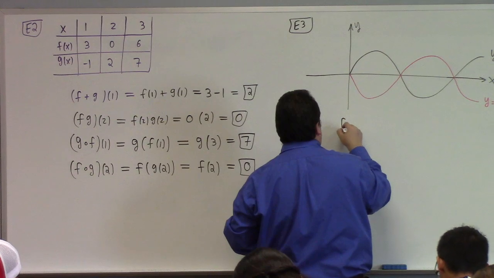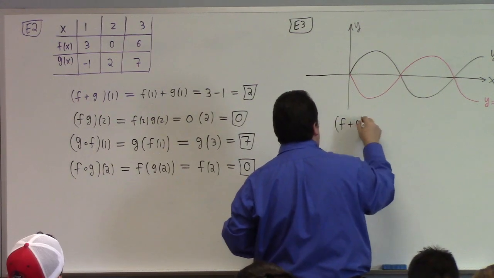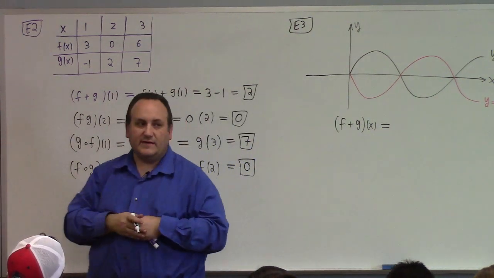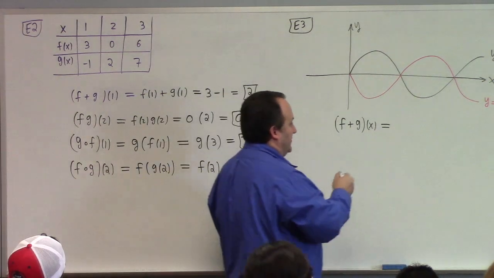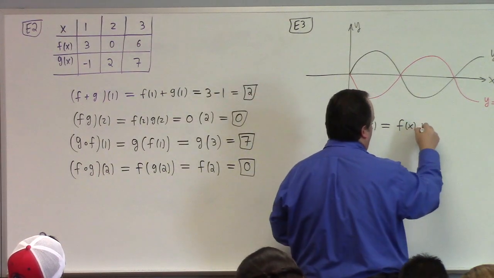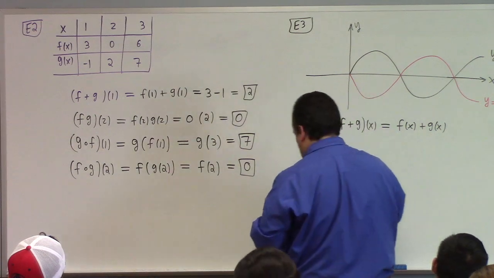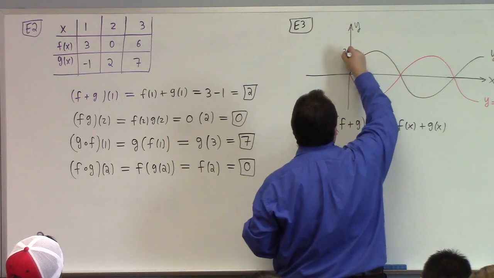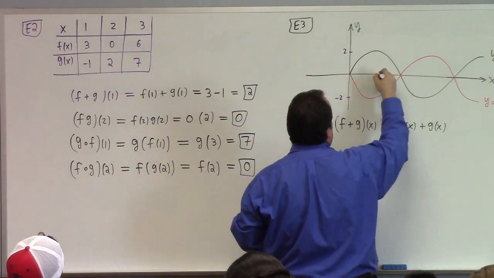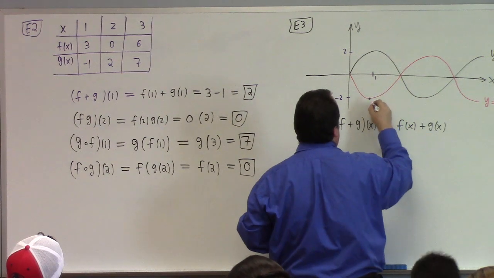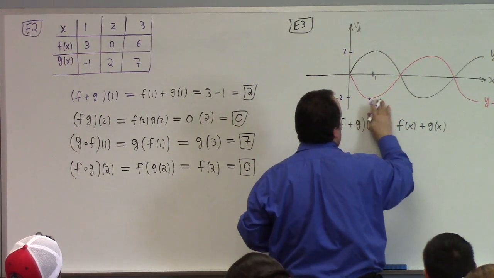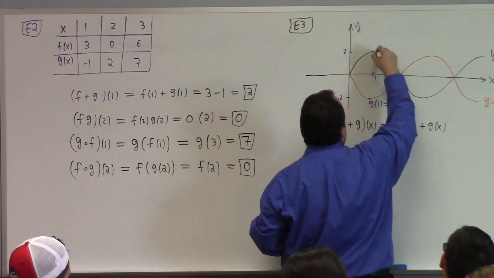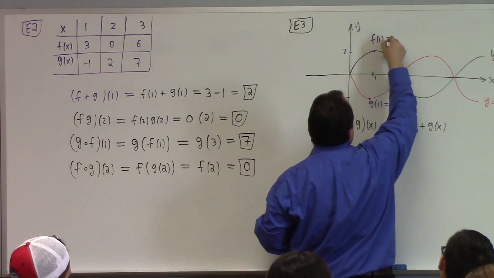What is f plus g of x equal to? What's f of x plus g of x equal to for this example? Right, so for example, if I make this at say 2 and this is at minus 2, and let's suppose this is at 1. So g of 1 is minus 2, whereas up here f of 1 is equal to 2.